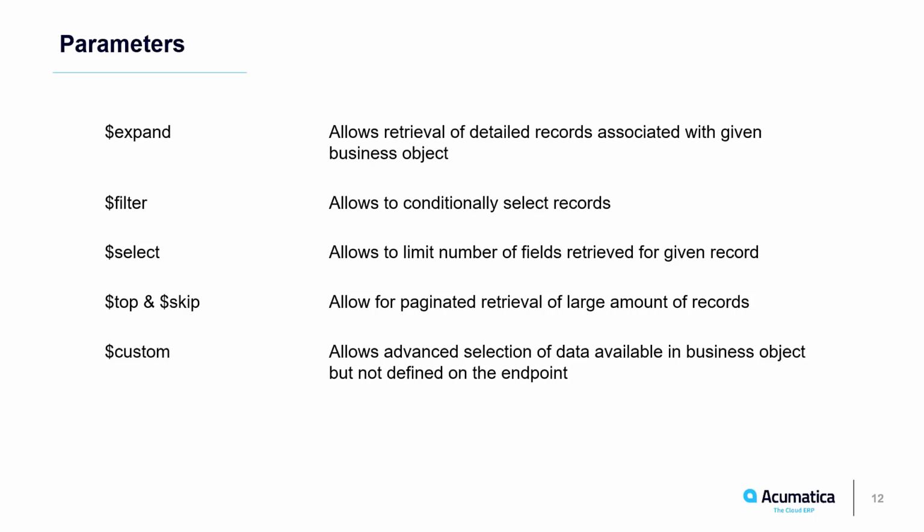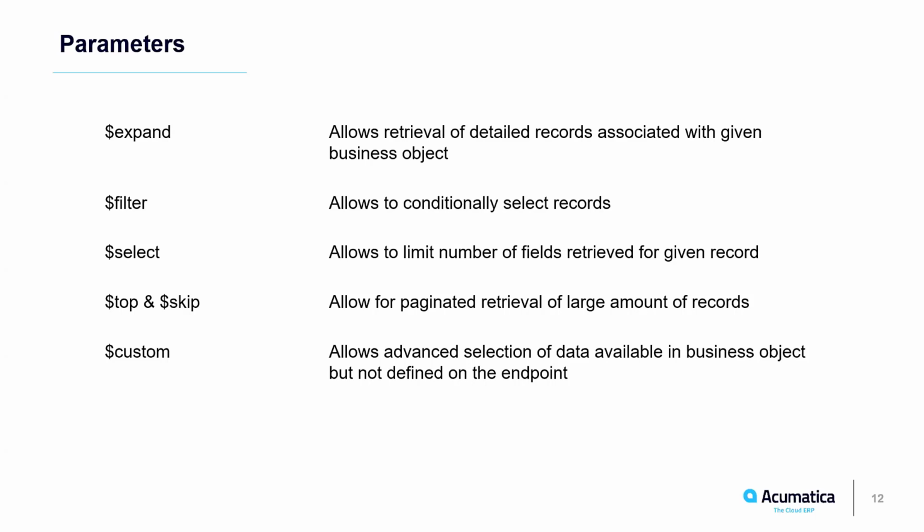Then we have the top and skip parameters, which are used to create some sort of pagination system when you're trying to retrieve a large amount of records. For example, the top parameter will be used to retrieve the first X number of records that you want. If we say top 1000, it will retrieve the first 1000 records. And the skip will be used to skip an X amount of records at the start of the list.